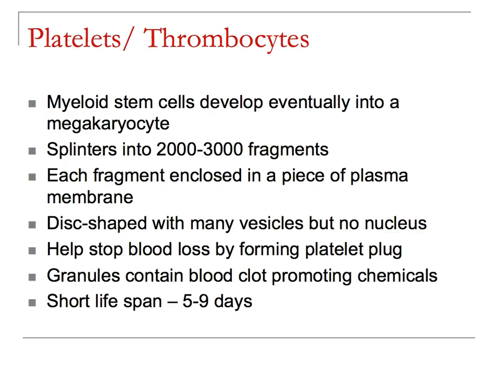Okay? Finally, platelets. And these are the megakaryocyte that destroys itself to become fragments. And inside those fragments, we actually have materials that will allow us to form this thing that's called a platelet plug.